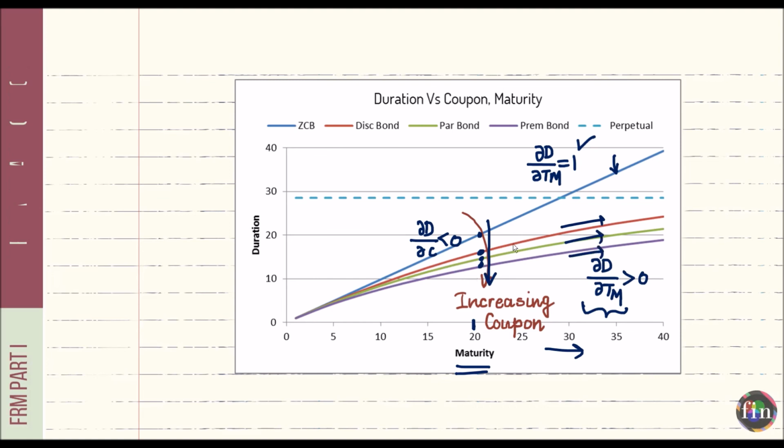But notice this fact that the three curves are moving up at a diminishing rate. That means the second derivative is negative. Okay, so what we've done in this short video is we've laid down our rules of thumb to determine how duration would be impacted if any of yield to maturity, coupon, and time to maturity is played around with.